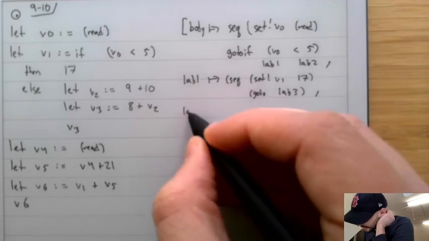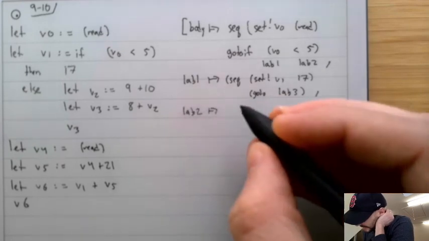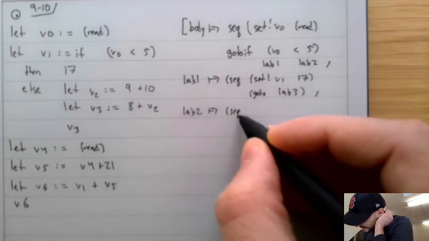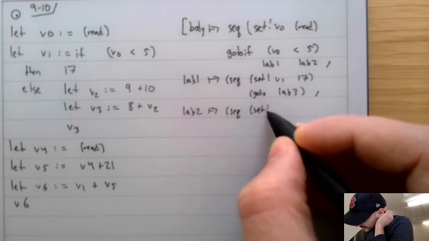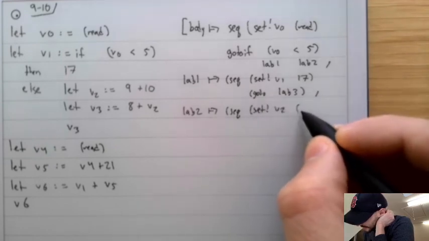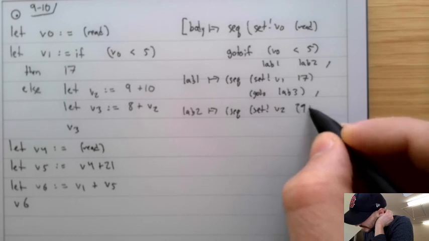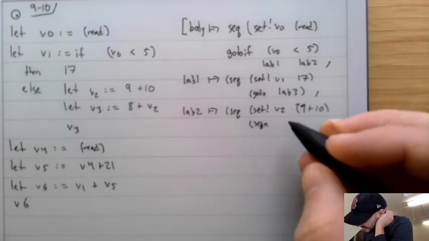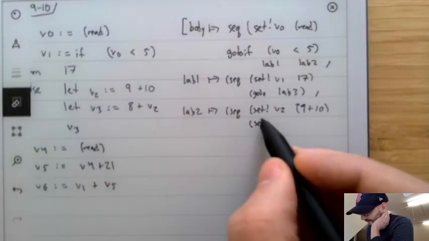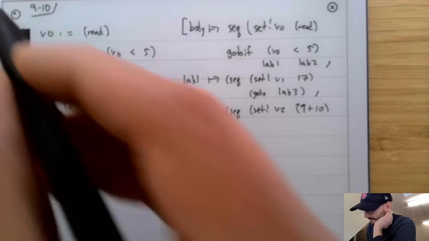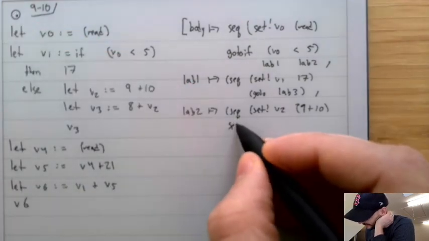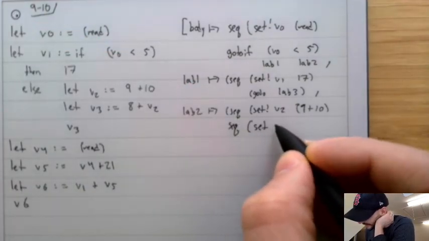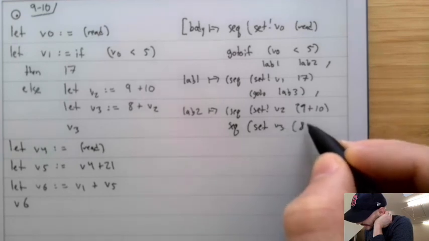And then label 2 is going to say sequence set v2 to be 9 plus 10. Then another sequence of set v3 equal to 8 plus v2.